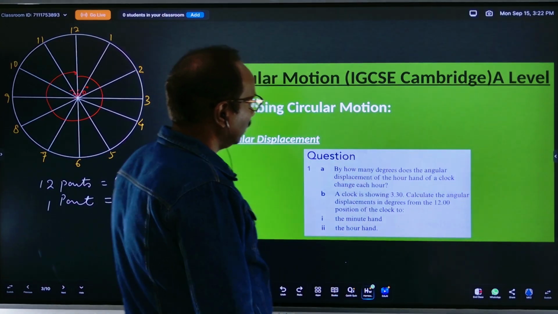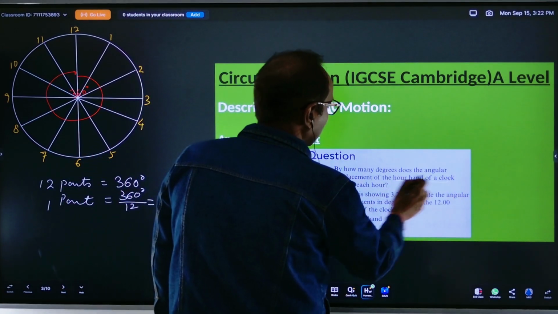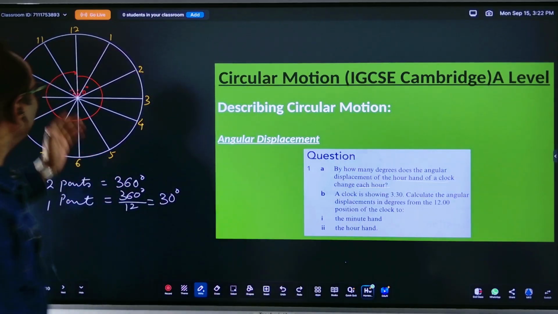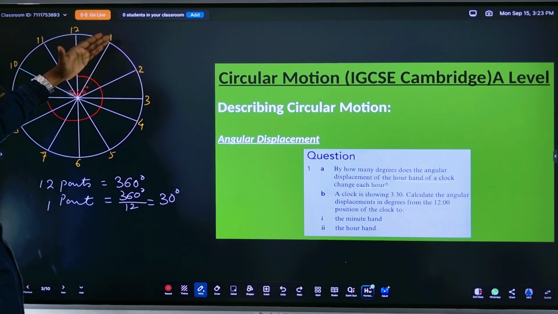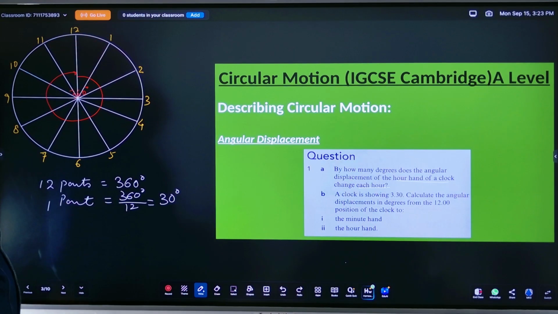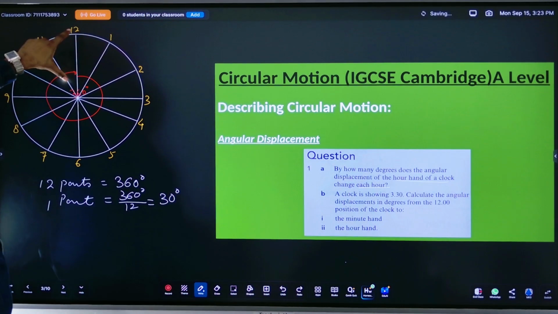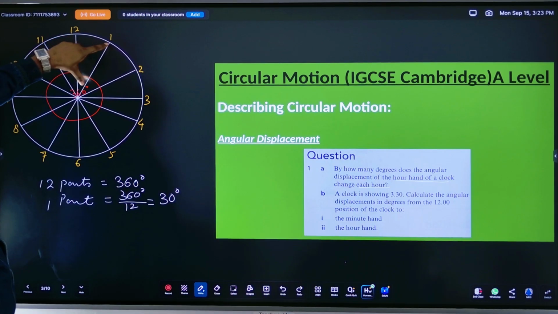The hour hand of a clock changes each hour. The hour hand in 1 hour will move by one part. If it was at 12 before, in 1 hour it will be at 1. In another 1 hour it will be from 1 to 2.